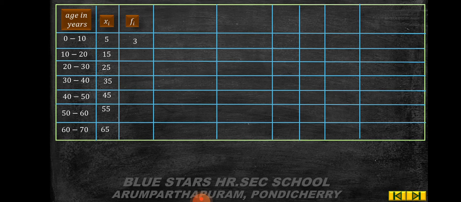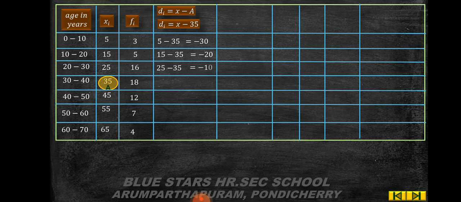Then frequency Fi is 3, 5, 16, 18, 12, 7, 4. Next, di is equal to x minus a. Here a is 35. So x minus 35. 5 minus 35 is minus 30. 15 minus 35 is minus 20.